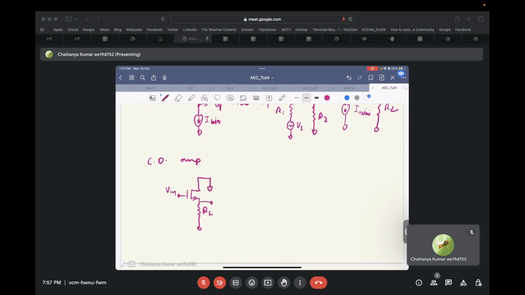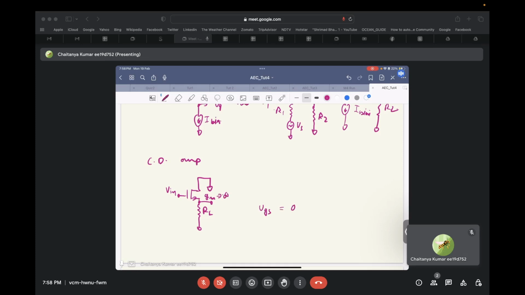So in a common drain amplifier, if the gm goes to infinity, and we know that due to the source there is self biasing at the source when we have degeneration, the transistor is in a negative feedback. Its controlling terminal, that is VGS, has to go to 0.